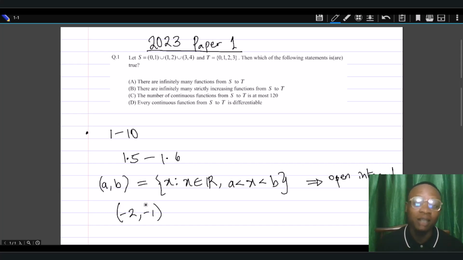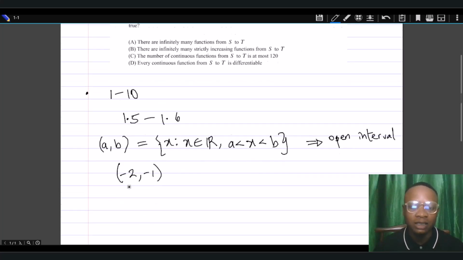No matter how many nines you count, there's still some number that is less than that and still greater than -2. So that's why we call this an open interval, because we don't know what the lowest member there is precisely, and we don't know what the highest member there is precisely. We just know that the lowest member is going to be greater than -2 and the highest is going to be less than -1. That's all. That's why we call this an open interval.